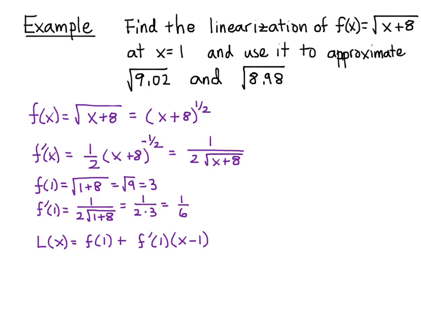But this is a fairly standard way of representing the line here. And so when I plug in the values that I know, I have this, and then I'm going to simplify it. And so here I have this linear equation that around x equals 1, I'm going to get values of this function approximated by this linear formula.